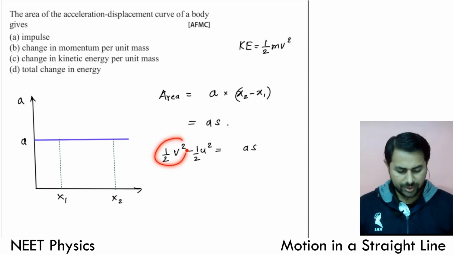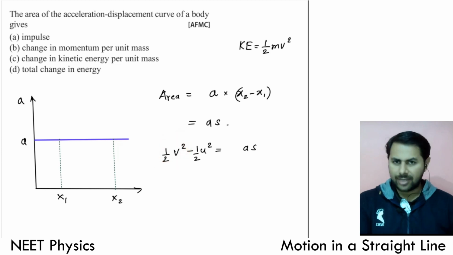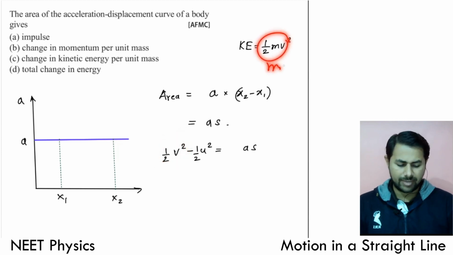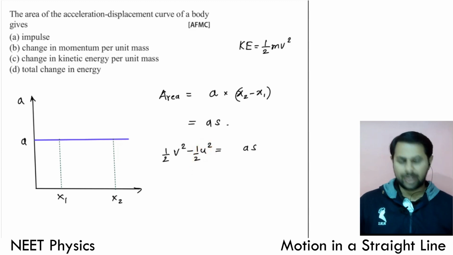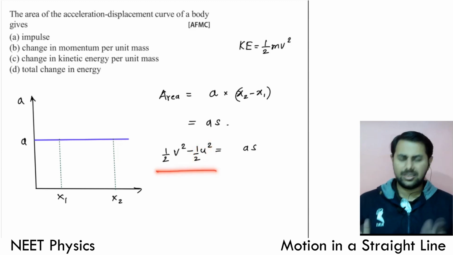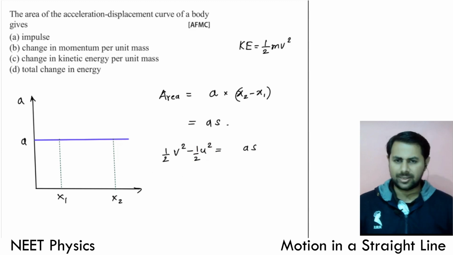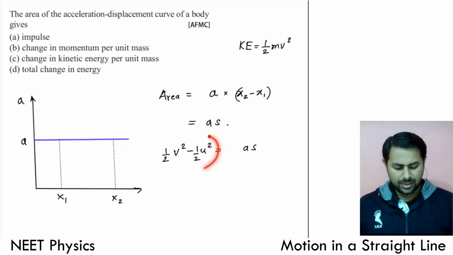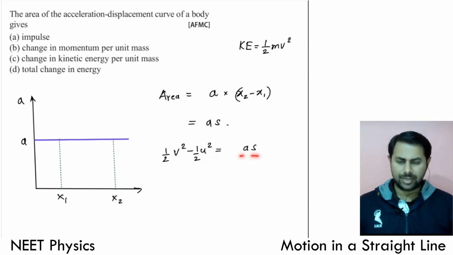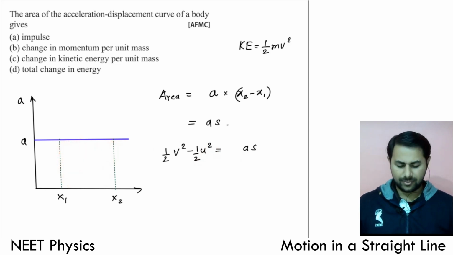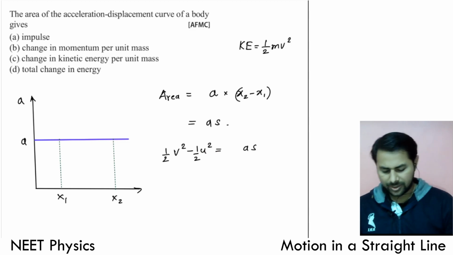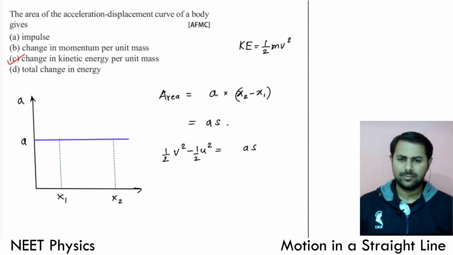This is final kinetic energy per unit mass, and this is initial kinetic energy per unit mass. So this is change in kinetic energy per unit mass, and it's equal to a times s, which means it is the area under this curve. So it is option C. This one is clear, everyone?